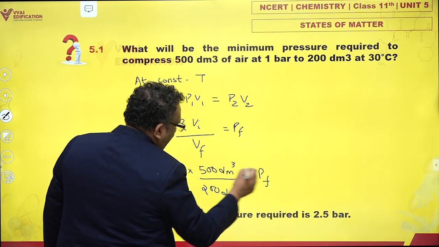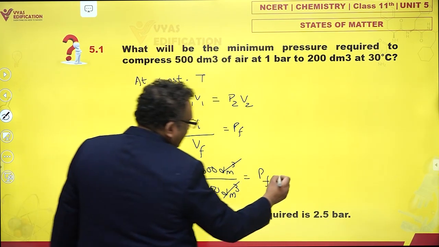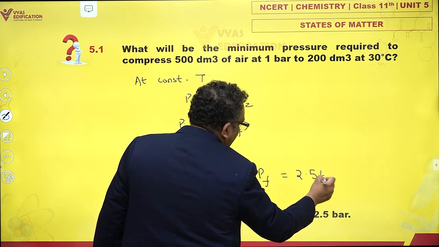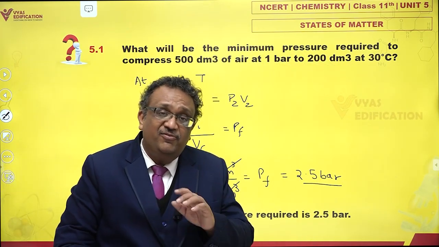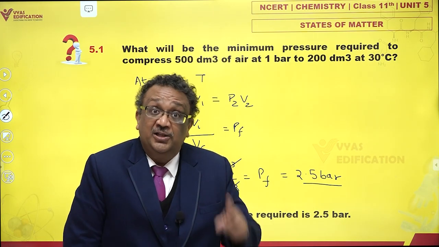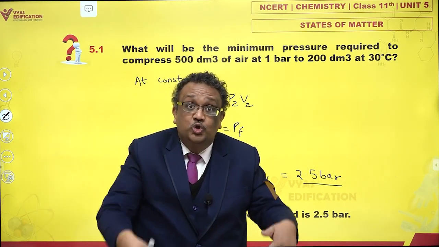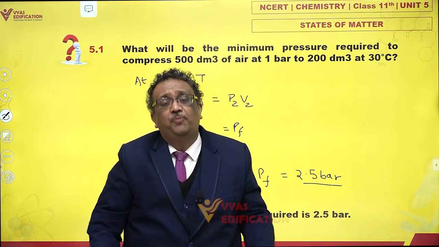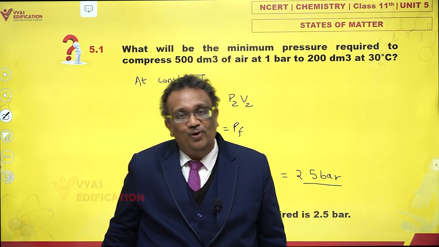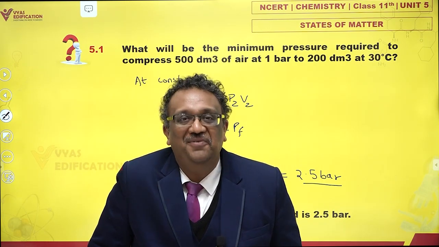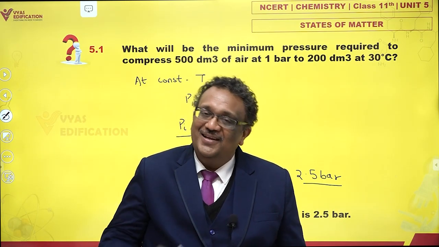This is P final, which if you cancel, comes out to be 2.5 bar. So finally the pressure inside the vessel would be 2.5 bar. That means from outside also you must apply at least 2.5 bar so that you are able to push it till the internal pressure also increases to 2.5 bar. 2.5 bar, my dear, is the final answer.